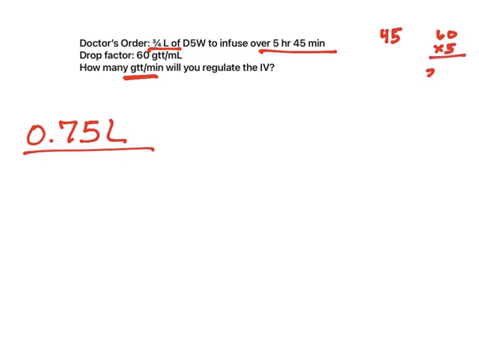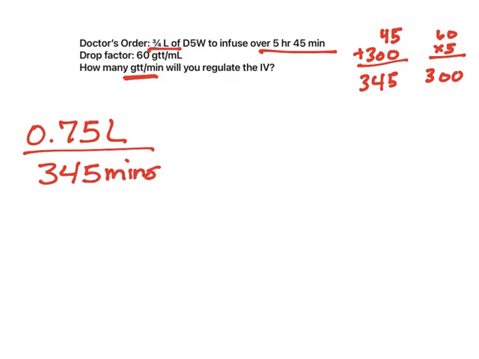So that would give us 300 minutes. And we're going to add that to the 45 minutes we have. So 345 minutes is the same as 5 hours and 45 minutes. So we're going to take that 345 and bring it over here into minutes.